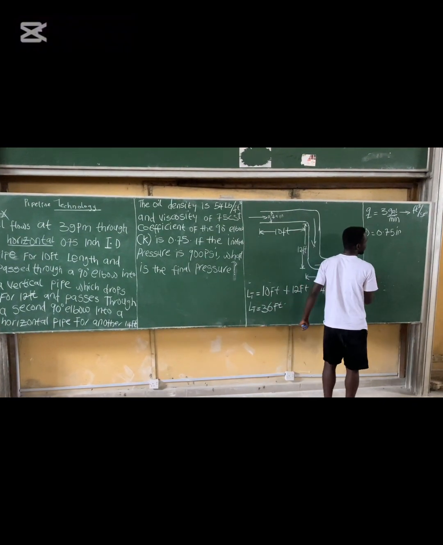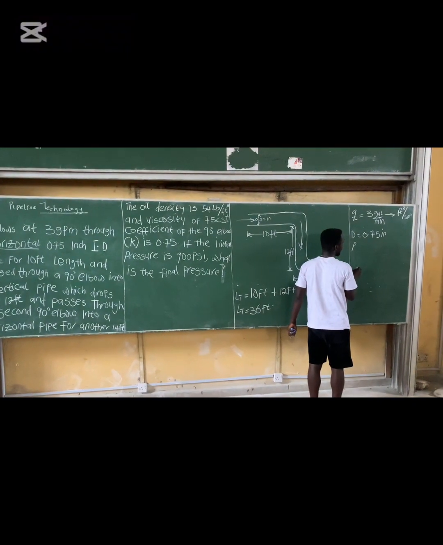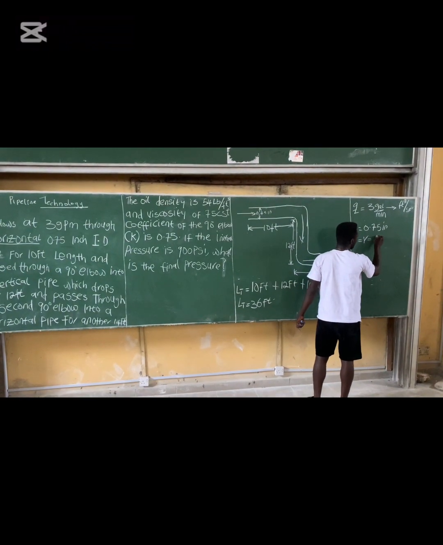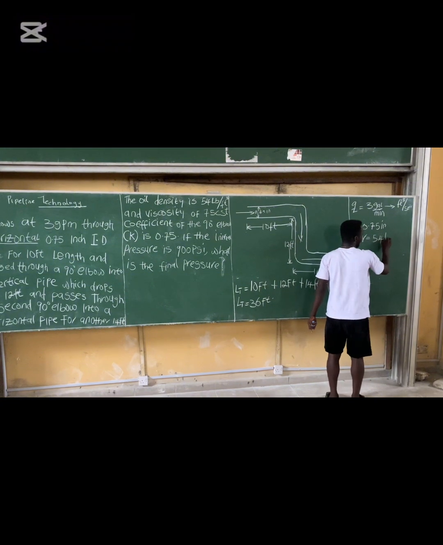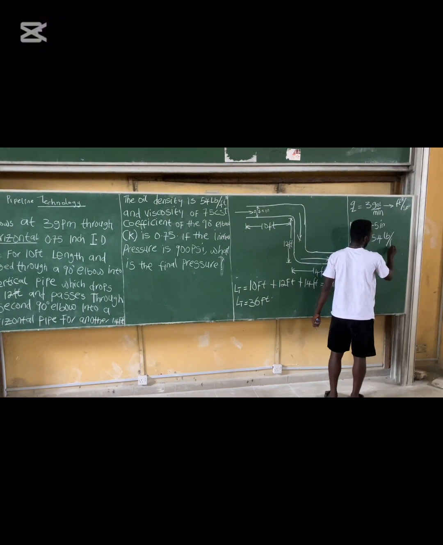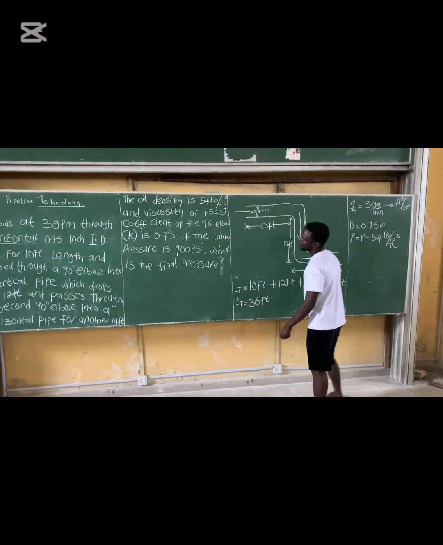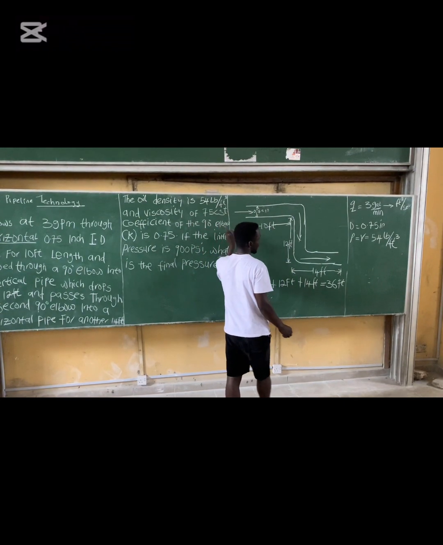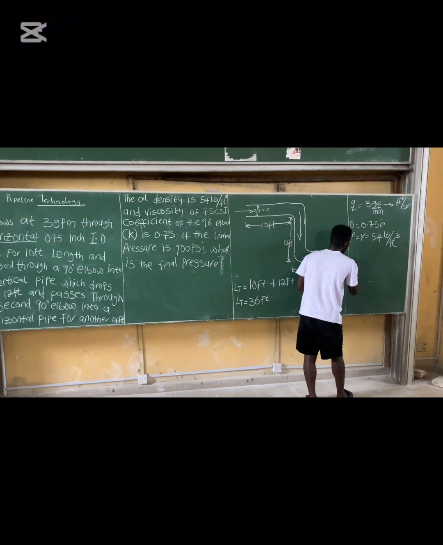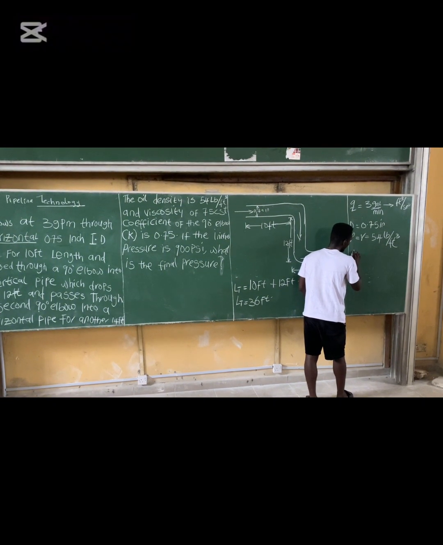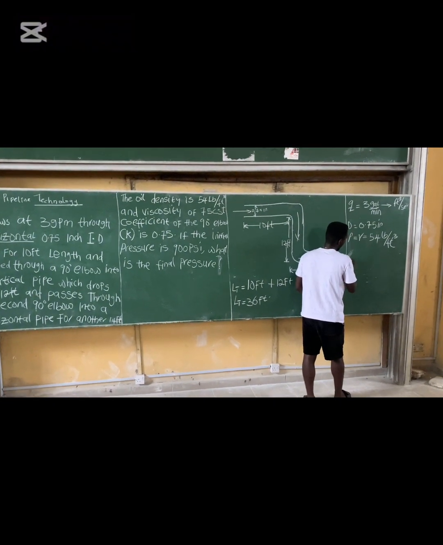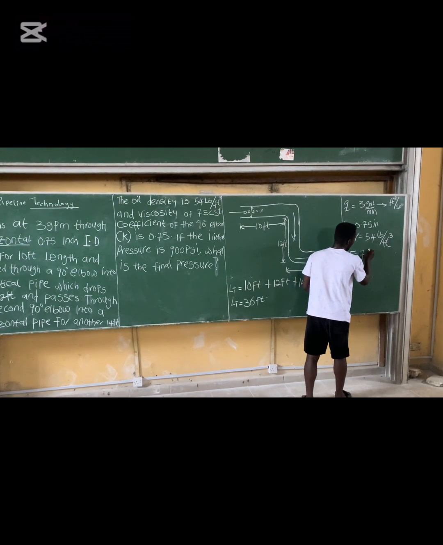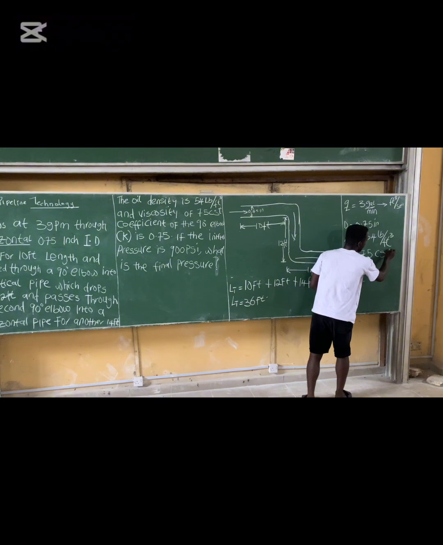So oil density, let's call it rho, which is the same thing as specific weight, is equal to 54 pounds per cubic feet. Then also they gave us the viscosity of the oil, which is equal to 75 centipoise.